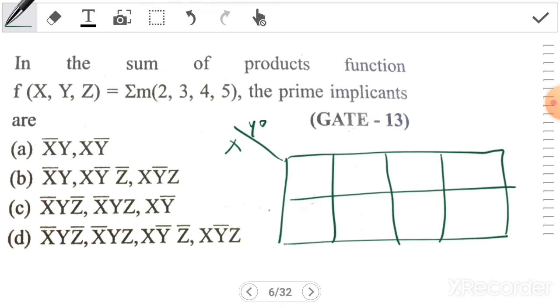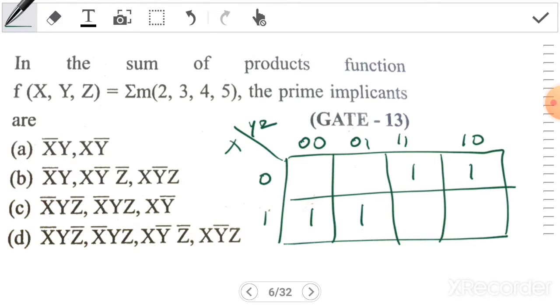X, Y, Z: 0, 1, 0, 0, 0, 1, 1, 0, 1, 1. We have 2, 3, 4, 5. So 0, 1, 0, 1, 2, 3. So 2, 3, 4, 5, 6, 7, 4, 5.